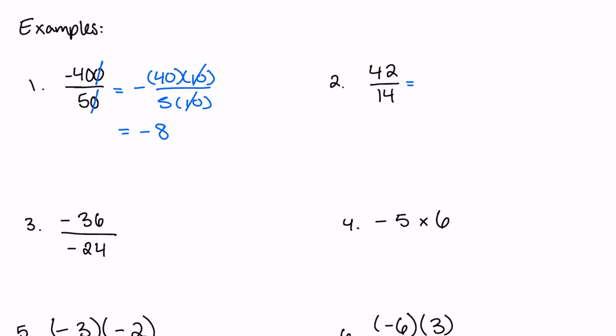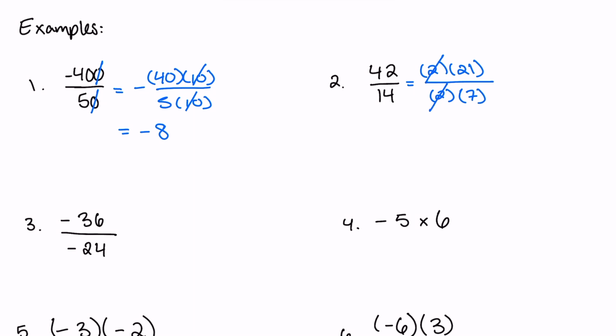For our next question, we have 42 divided by 14. Since these are both positive values, we know that our quotient is going to be positive. Since the numerator and the denominator are both even numbers, we know that they are both multiples of 2. So we can rewrite this as 2 times 21, and we can rewrite the denominator as 2 times 7. So these 2's cancel out.